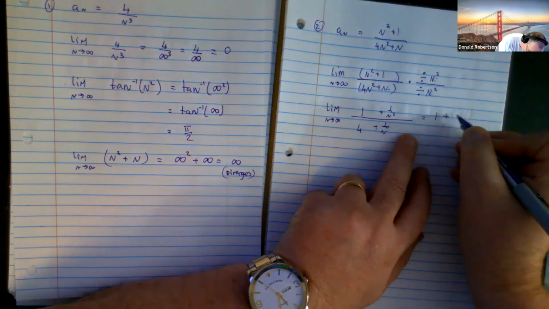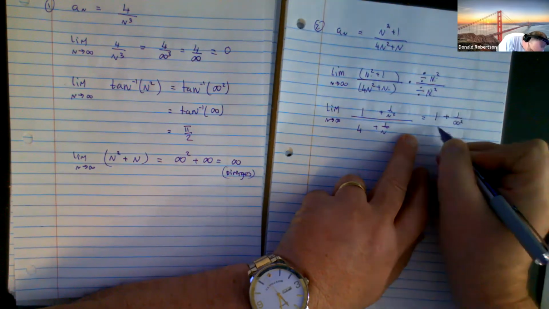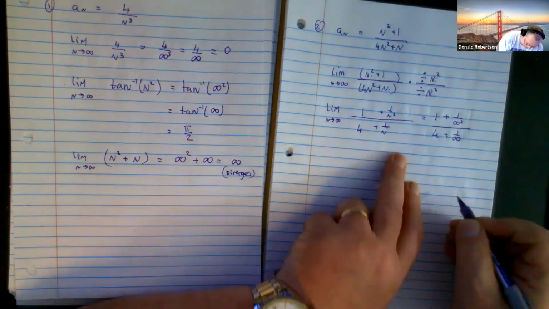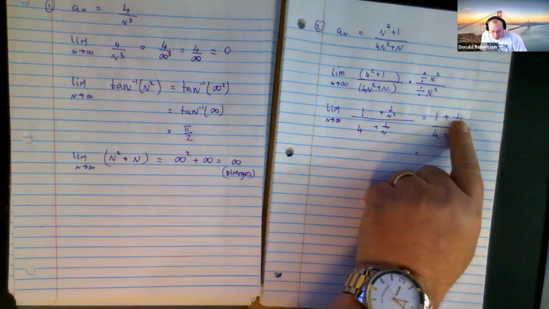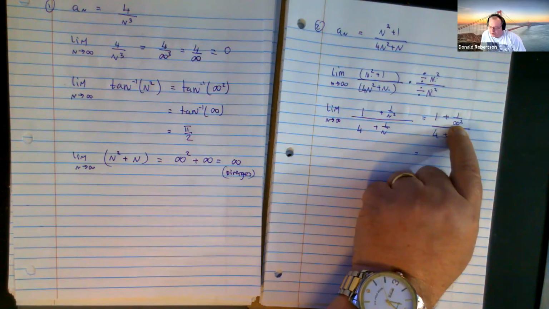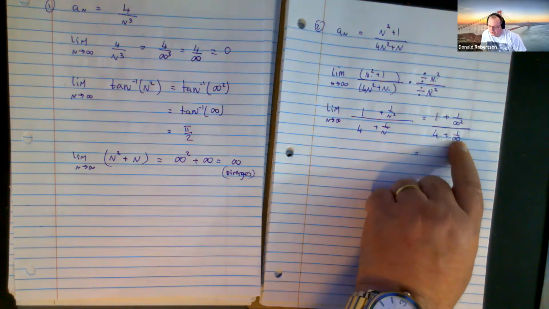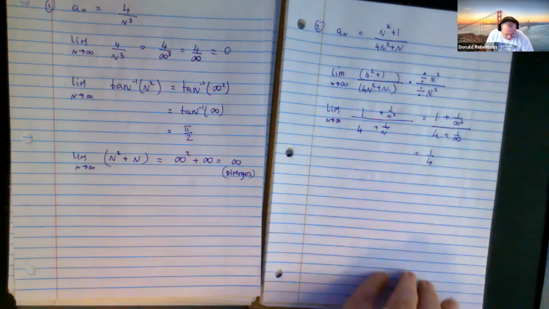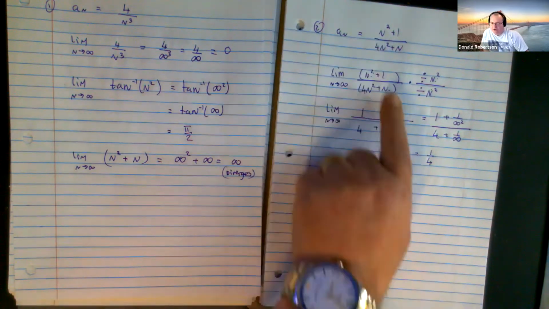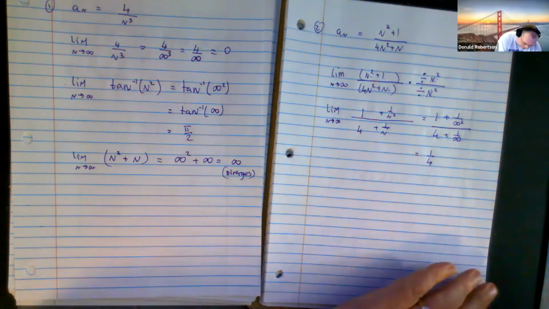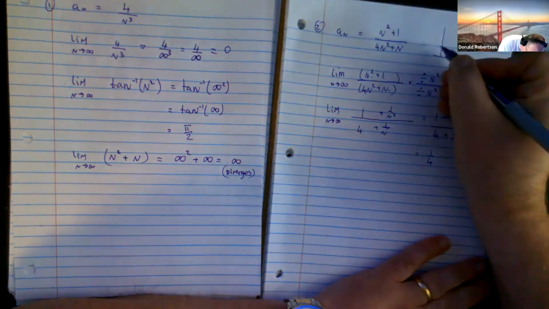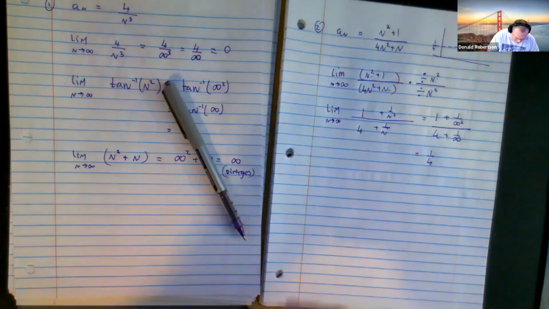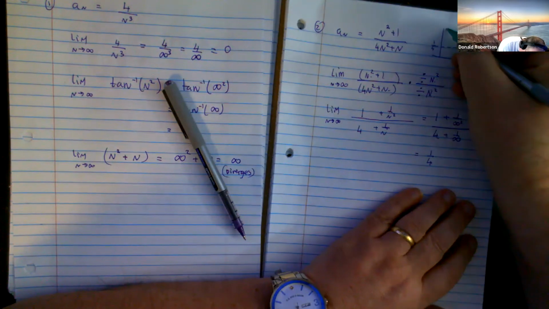You just do 1 plus 1 over infinity squared on the top, and 4 plus 1 over infinity on the bottom. Isn't 1 over infinity squared just 0? And isn't 1 over infinity also just 0? So what you're left with is a quarter. So this sequence has a limit of a quarter. If you did it on Desmos, and can you imagine that little dotted line there was a quarter, your sequence might look something like this.